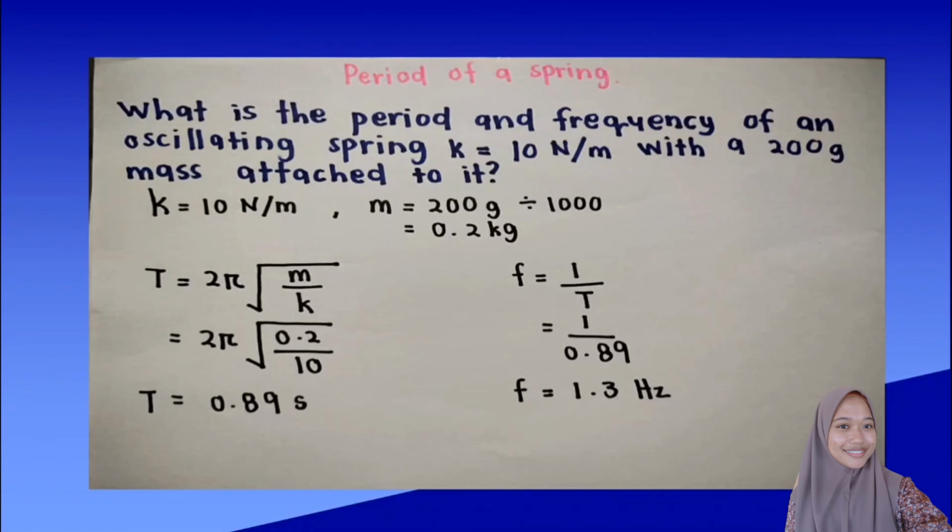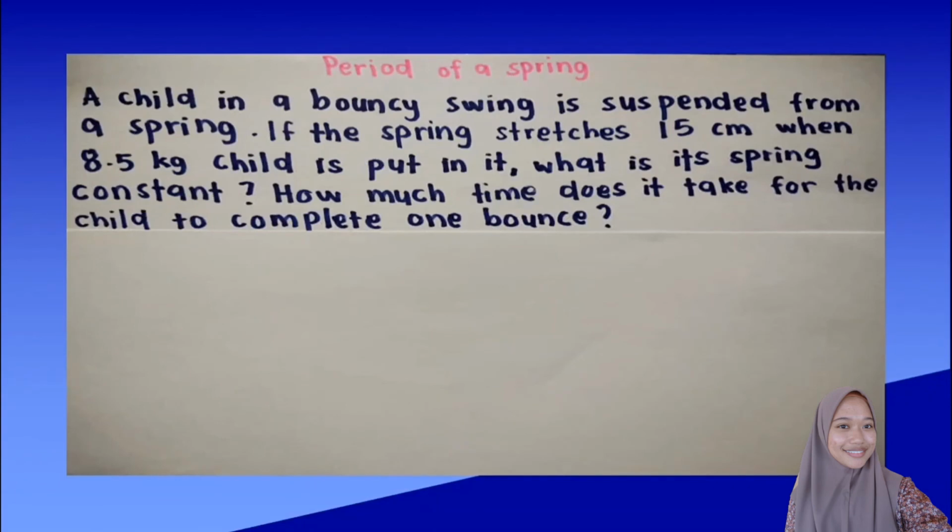If the spring stretch 50 cm when 8.5 kg child is put in it, what is its spring constant and how much time does it take for the child to complete one bounce? So dalam soalan ni kan berkaitan dengan single spring.